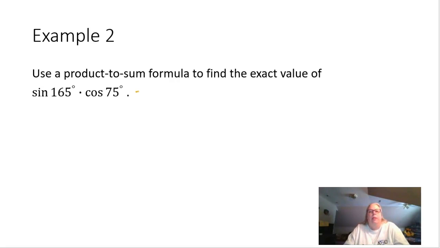All right. And we're going to have half of the sine of the sum of our angles. So this is 165 plus 75 plus the sine of the difference of those angles. So that'll be 165 minus 75.